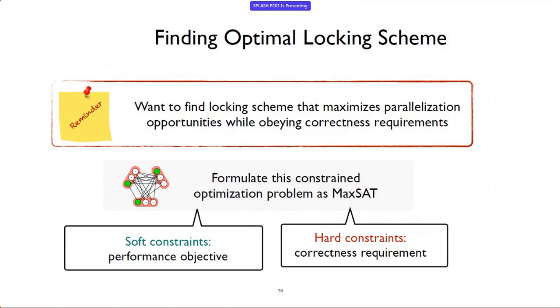And additionally, you have a set of soft constraints that we would like to satisfy, but we don't necessarily have to satisfy. It's just a preference. And in this context, the hard constraints correspond to our correctness requirements, whereas the soft constraints are going to correspond to our performance objective, that is maximizing parallelization opportunities.